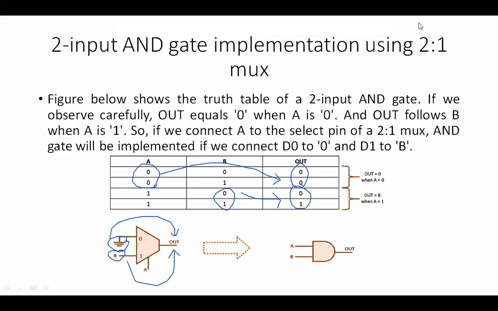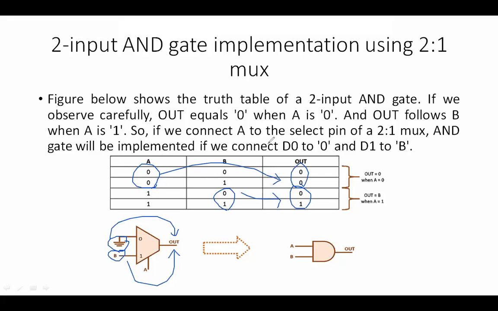Okay. So I want to know, with the output, what is exactly matching. At output, I want 0. So what input replicates at the output is the relationship that I have to bring out here. I will draw a mux, and A is going to be my select line.